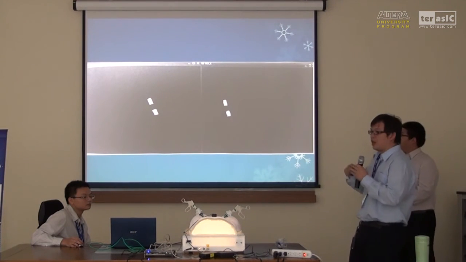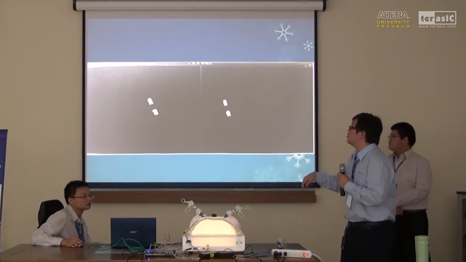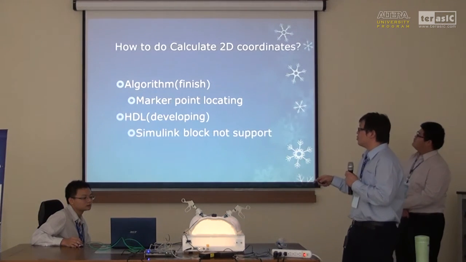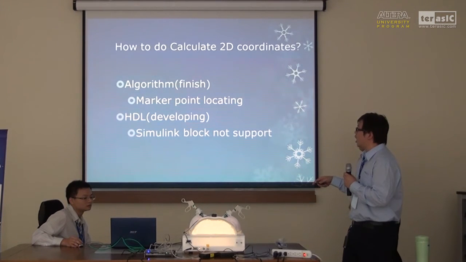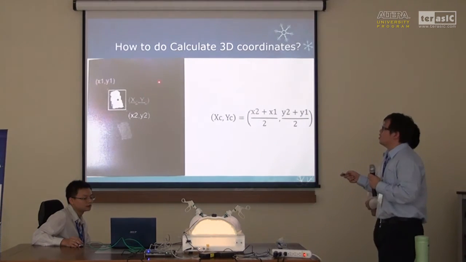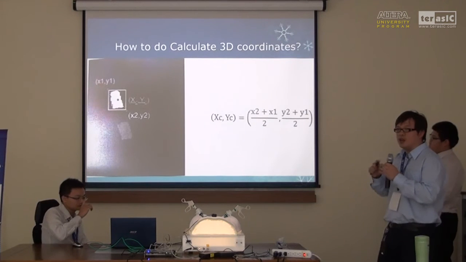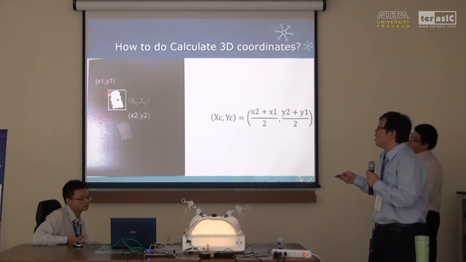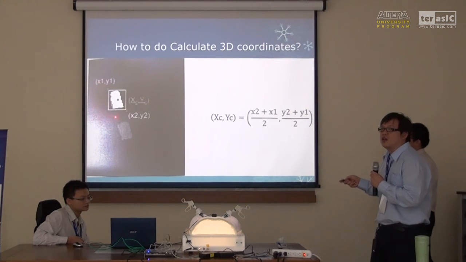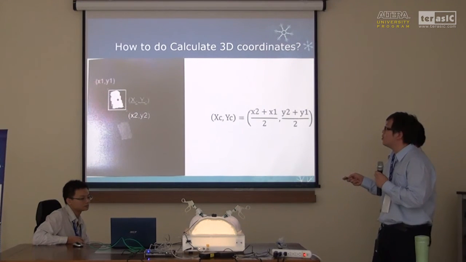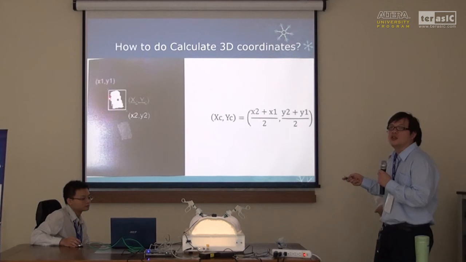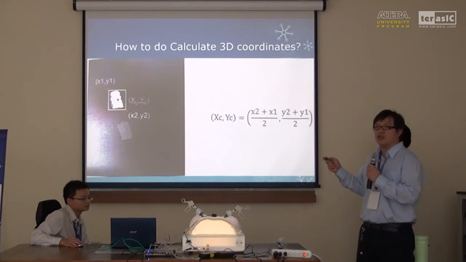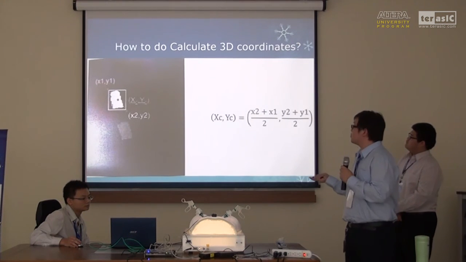But actually, when we calculate the next part, probably you see this point when we run out this image, you can find there are a little bit of stray pixels. They will confuse our calculation of the middle point of our system. That's why we still need this algorithm.